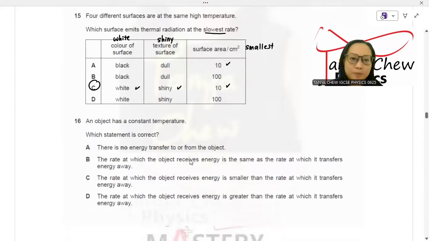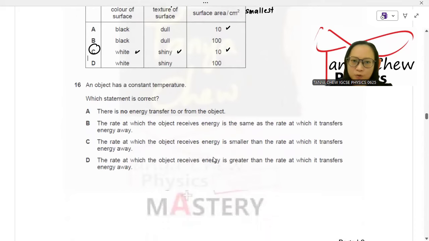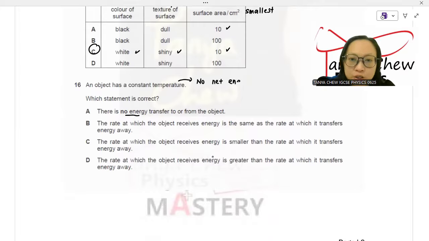Number 16, an object has a constant temperature. Which statement is correct? There is no energy transfer to or from the object. No, there is energy transfer to and away from the object. It is just that when the temperature is constant, it means there is no resultant or net energy transfer between the object and its surrounding.